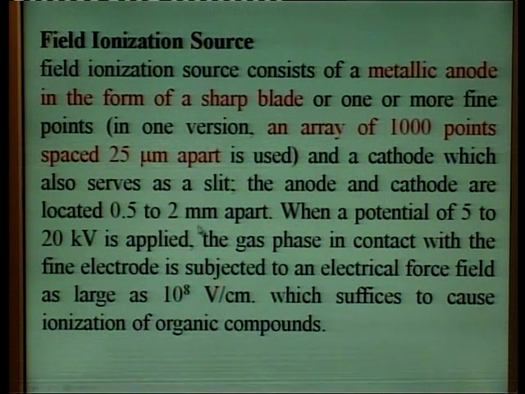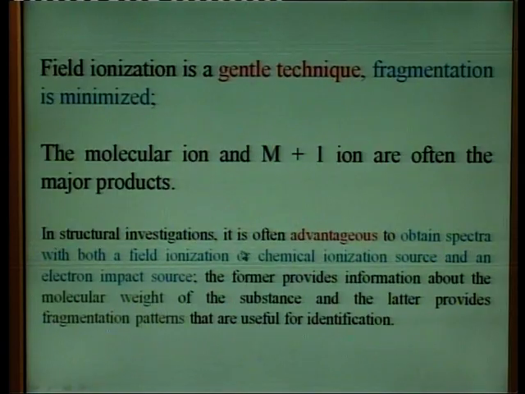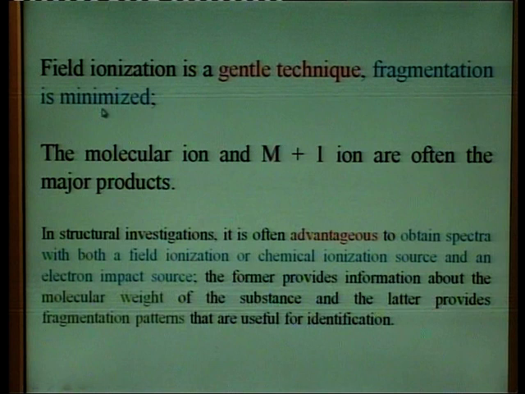The anode and cathode are located 0.5 to 2 mm apart, and a potential of 5 to 20 kV is applied, and the gas phase in contact with the fine electrodes is subjected to an electric force as large as 10^8 volts per centimeter. So this causes the ionization of organic compounds. Field ionization is a gentle technique, so fragmentation is minimized. We get the molecular ion peak, that is the M+1 ion, as often the major product.